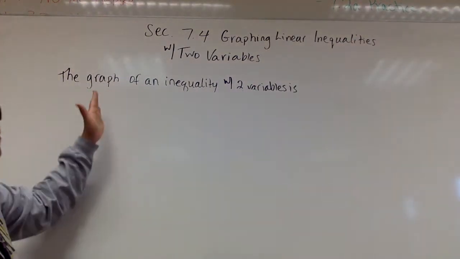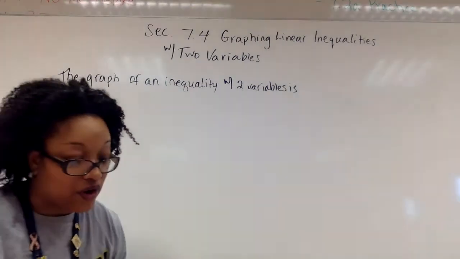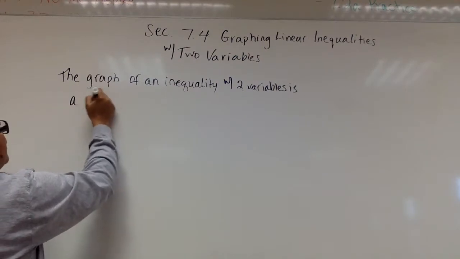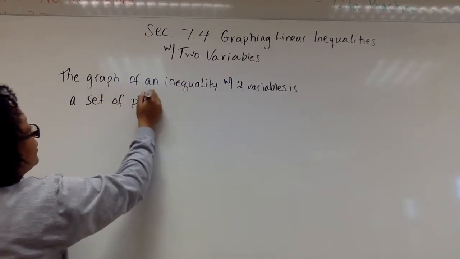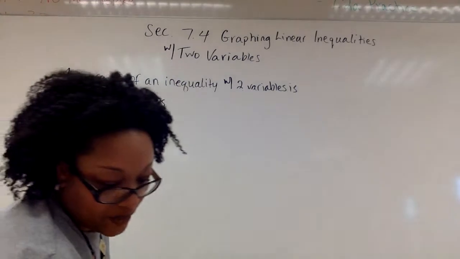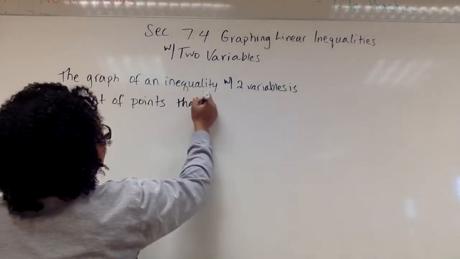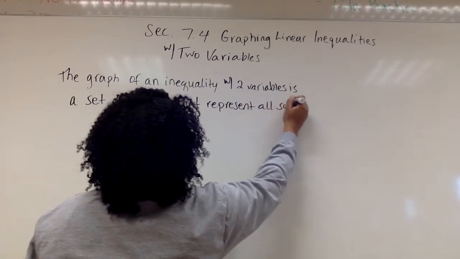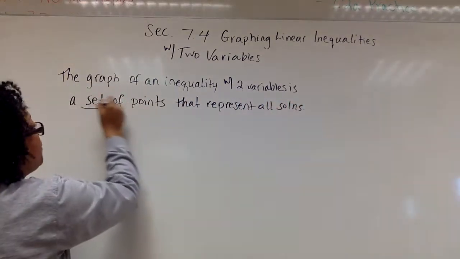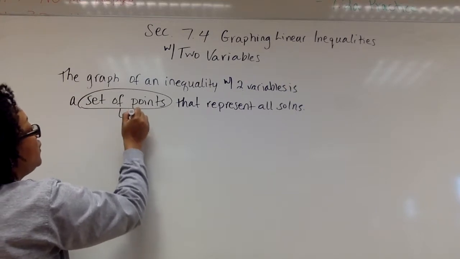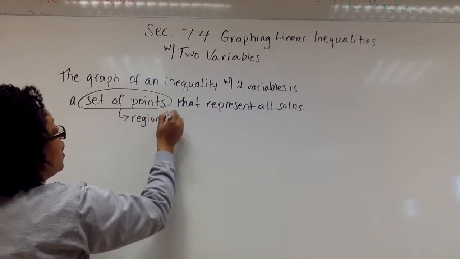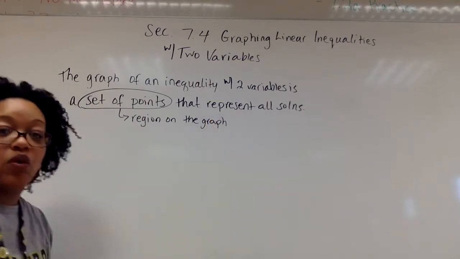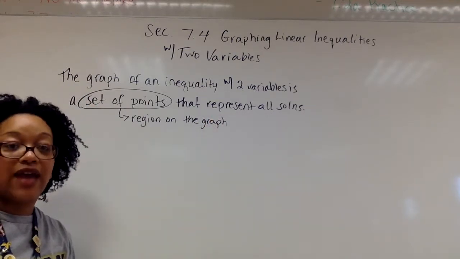So when we talk about graphing an inequality with two variables, basically what we're talking about is a set of points that represent all solutions. So this set of points right here, this is going to be the region on the graph that you are going to have to show me where that region is located, okay?